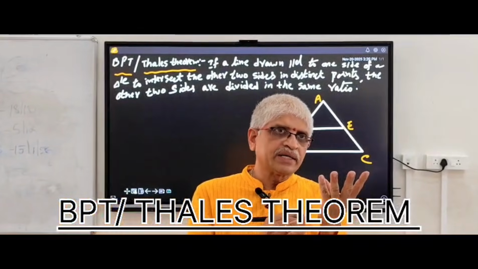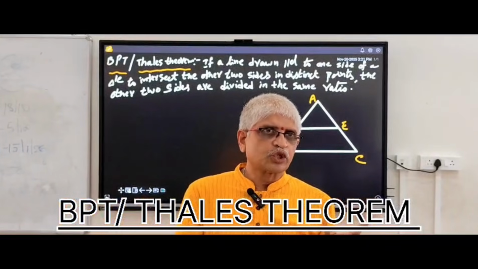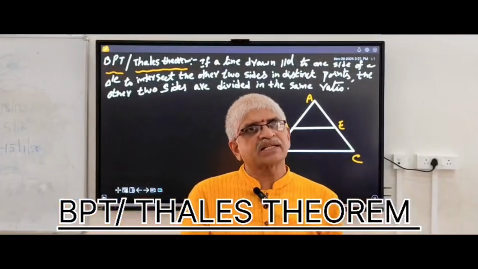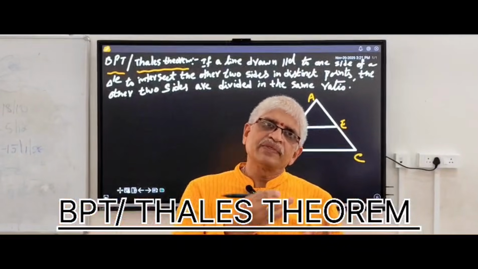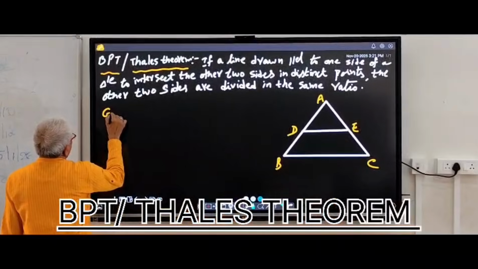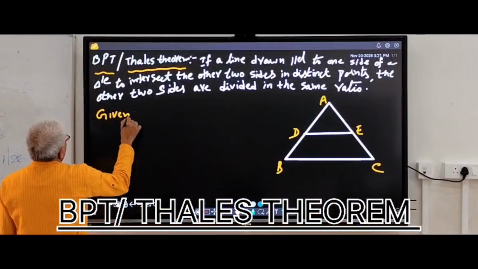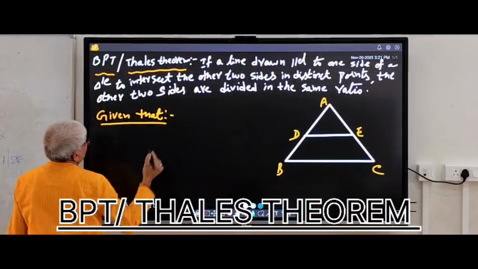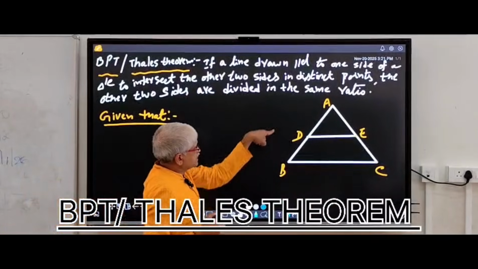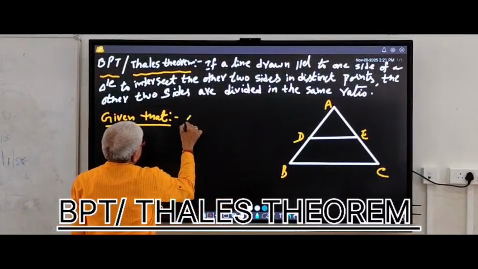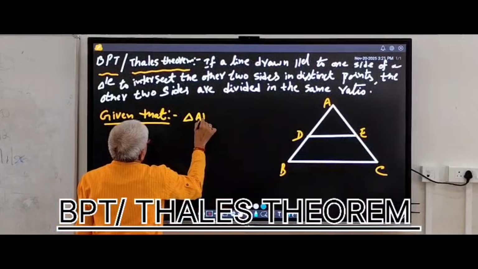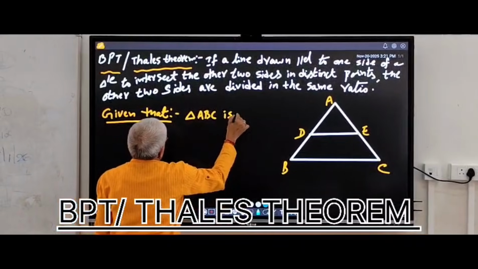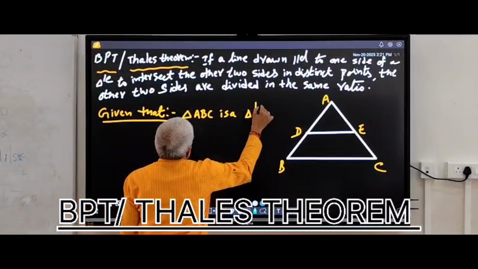First you write given, next to prove, next if any construction is required, write it, then start the proof. So let us write what is given. Given that, ABC is a triangle.